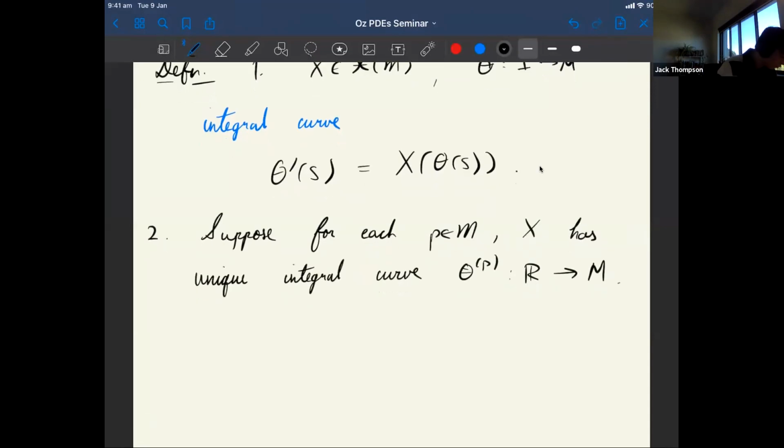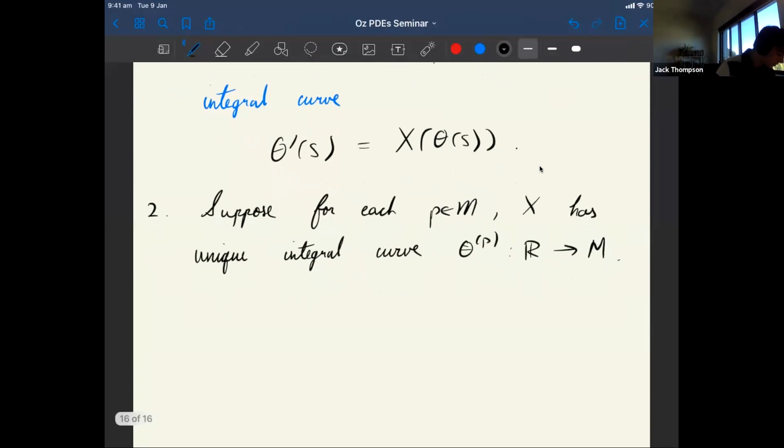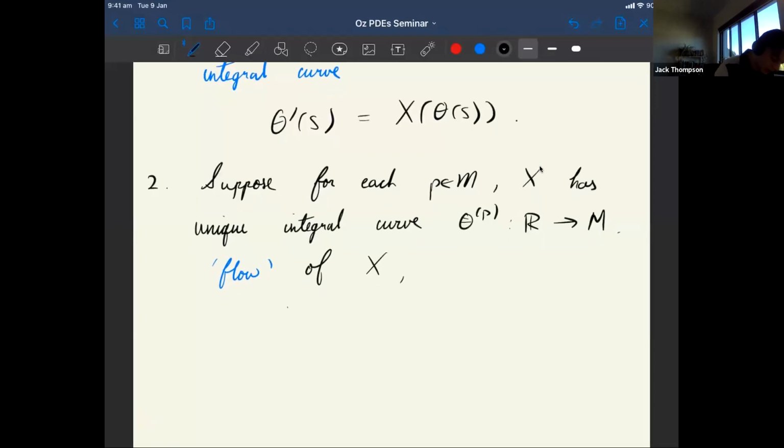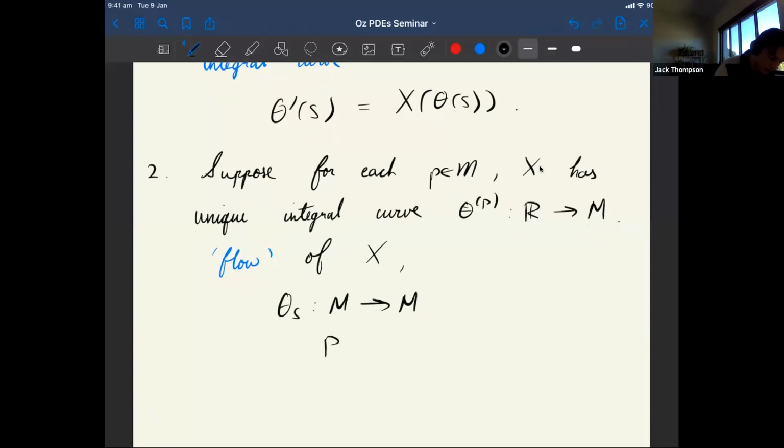Then the flow of X is the map theta subscript s, going from M to M, where p gets mapped to theta with the superscript p evaluated at s.